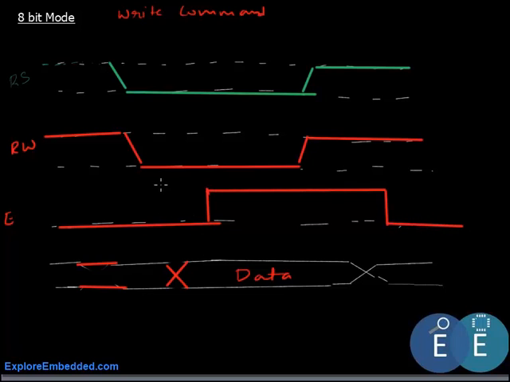And this time is important: before giving a command, the register select, read write, and the data lines should be set up for a minimum period, and this is called the address setup time. And this should be a minimum of 40 nanoseconds.